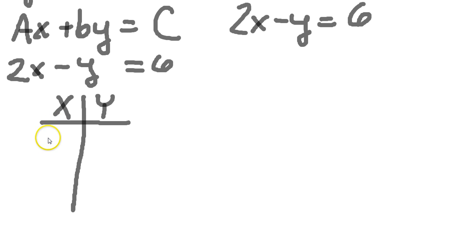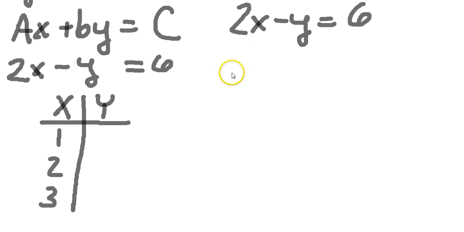So let's pick 3 values for x: 1, 2, and 3. Now I have a table where the left column is our x, and underneath it I have a 1, a 2, and a 3.